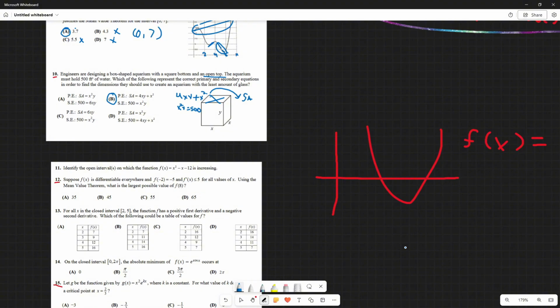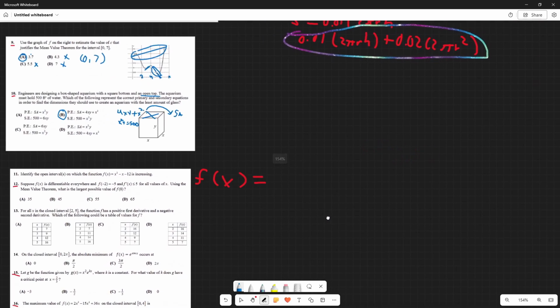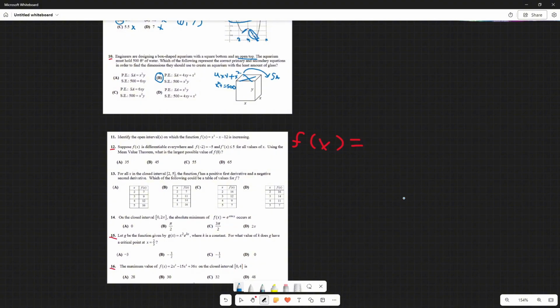So we got f of x equals, here, I should just kill this graph. We don't need that. Let's move this over here. All right, f of x equals x squared minus x minus 12. If we derive it, you get 2x minus 1. So we want to see where it's positive, right?